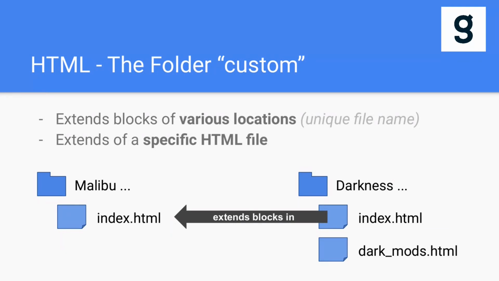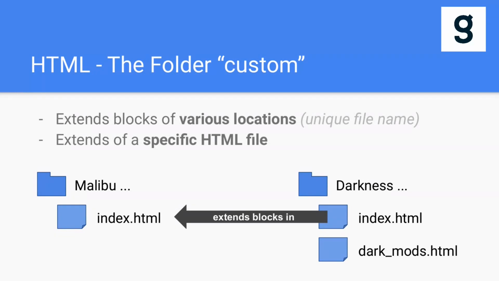Let's take our example. If we create a new file called index.html in the custom folder of our darkness theme, it will allow us to extend blocks in the parent theme index.html file. Again, if you create a new file with the exact file name as another HTML snippet in the parent theme, it will allow you to extend blocks of that file in the parent theme.